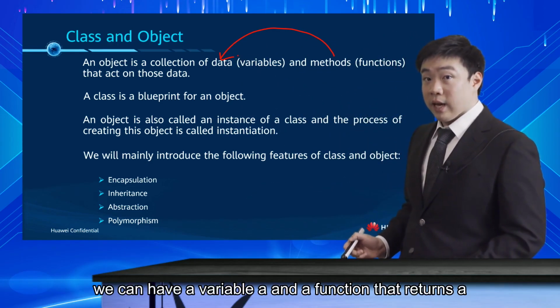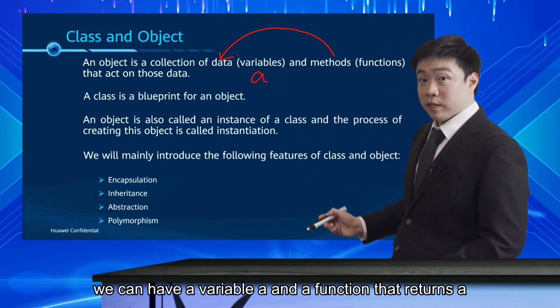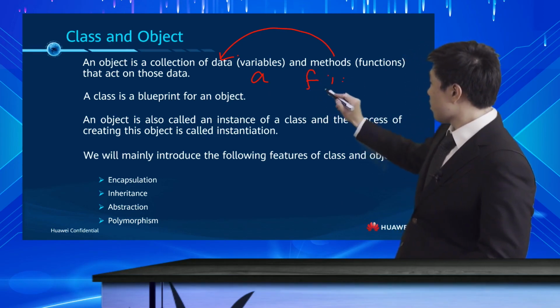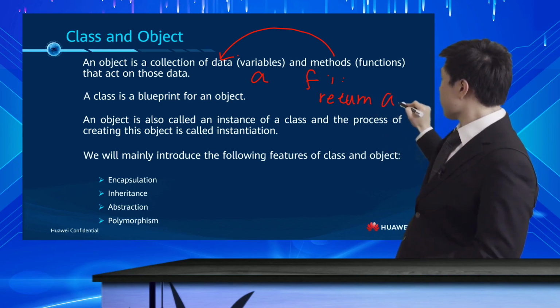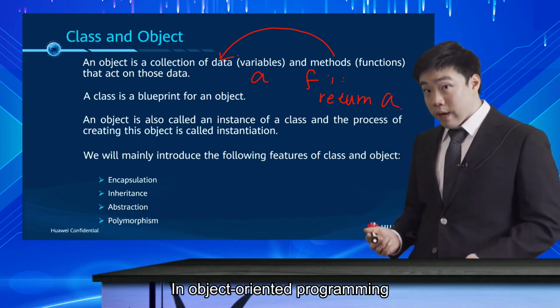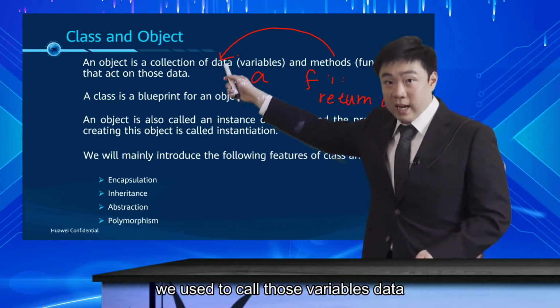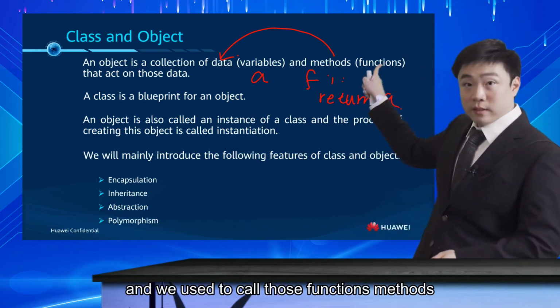For example, we can have a variable A and a function that returns A. In object-oriented programming, we call those variables data, and we call those functions methods.